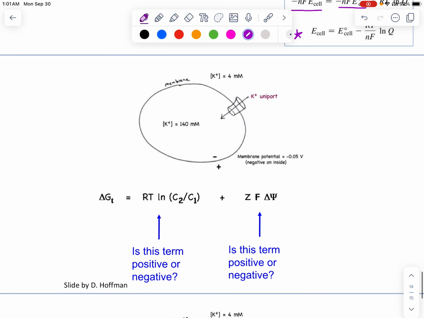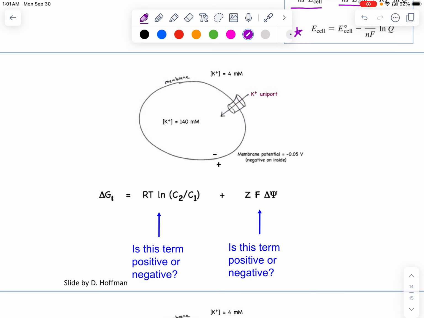So if we drop back down to our question, let's see if we can figure it out qualitatively first. Looking at this and thinking about the overall total, that's the delta G, it's going to be the concentration part and the potential part. Looking at the concentration part, I know C2 is moving in, so C2 over C1 would be 140 over 4. I'm going to get a positive value over here.